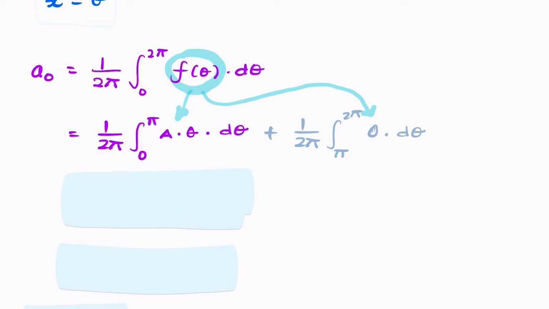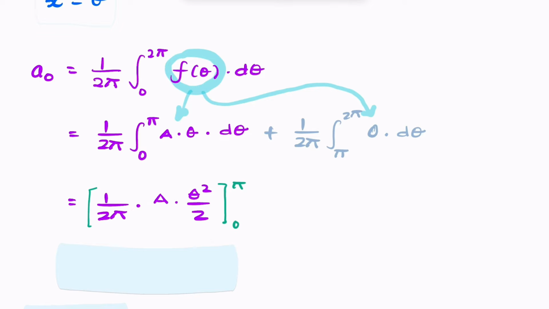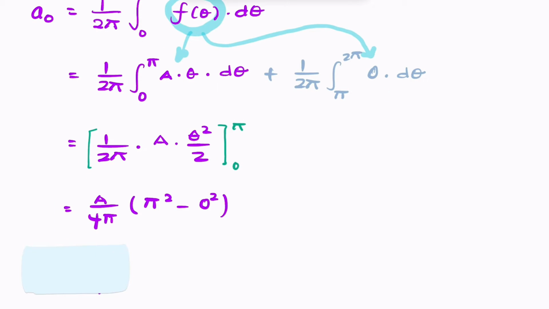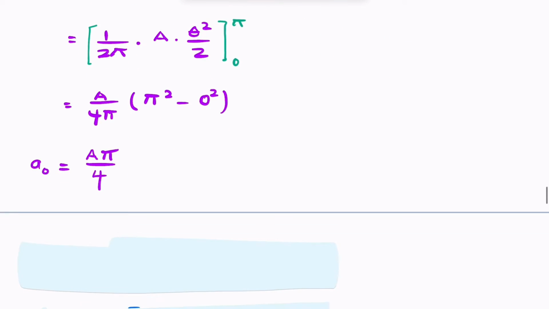And if you integrate a theta, a is just a constant, we can take that out. The integral of theta will be theta squared over 2, and then you substitute your limits, which in this case is not 2 pi, it's pi. So you just substitute your limits and then subtract. So the average value here is going to be a over 4 pi times pi squared minus 0 squared, and one of those pi's will cancel. So that now is our expression for a naught.